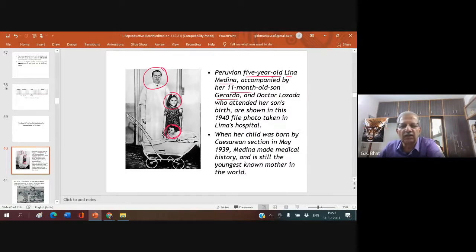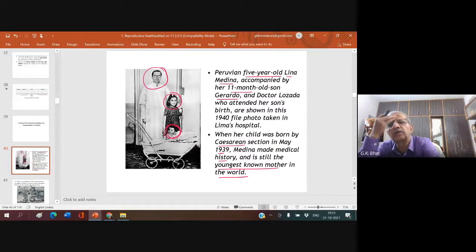This is the youngest girl on record to become pregnant. When her child was born by cesarean in May 1939, Medina made medical history and is still the youngest known mother in the world. At the age of 5, she got the child.